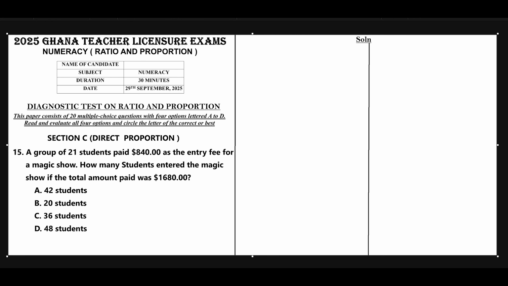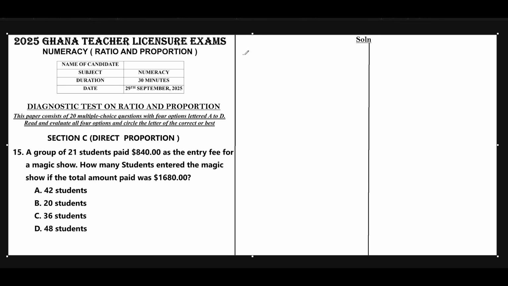Question 15. A group of 21 students paid $840 as the entry fee for a magic show. How many students entered the magic show if the total amount paid was $1,680? So first of all, let's identify the two quantities given in the question.